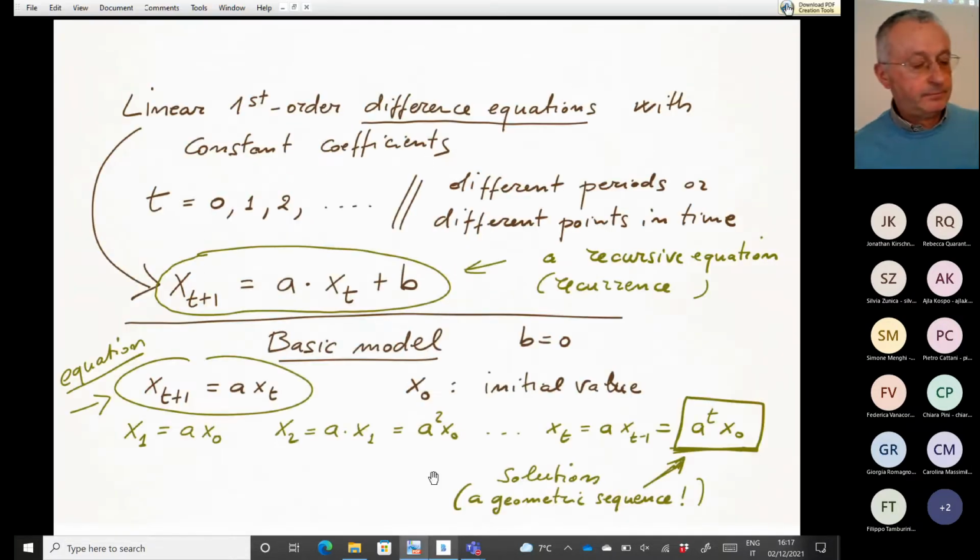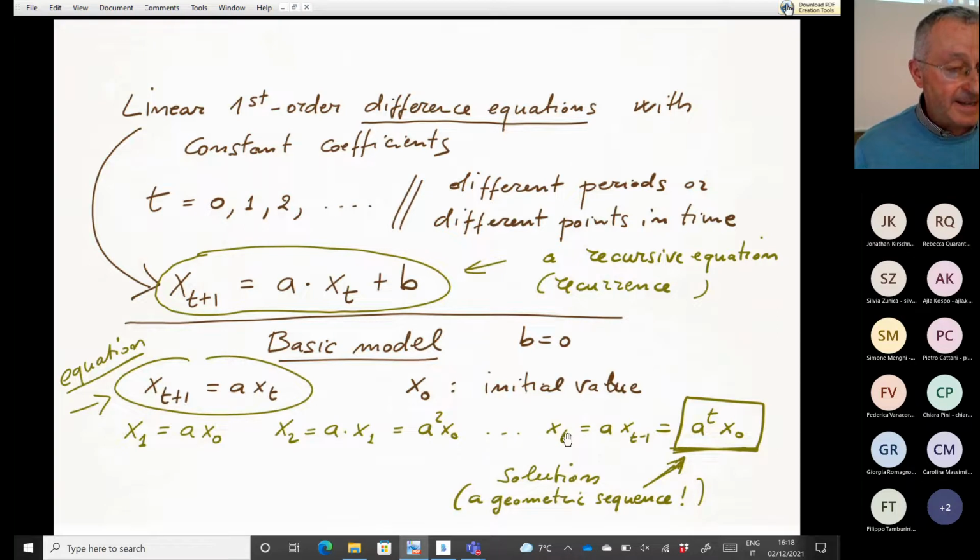here the initial value is x0, so what is x1? x1 will be a times x0. What is x2? x2 will be a times x1. But since x1 is a times x0, x2 will be equal to a squared times x0. Okay?